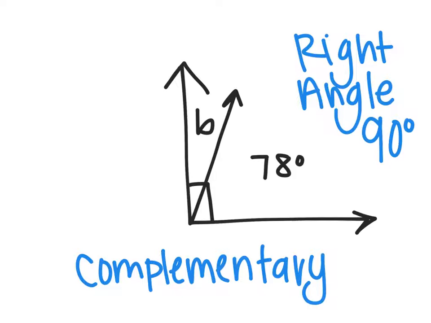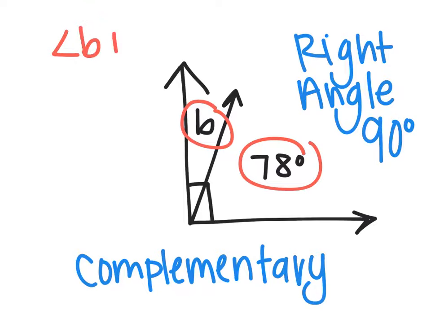So we know that this angle right here is 78 degrees. What we don't know is what angle B is. So we know that angle B plus 78 is going to equal 90 degrees because it's a right angle.